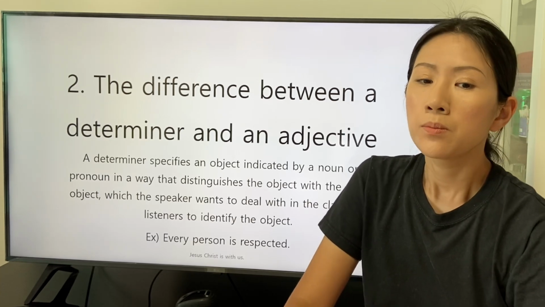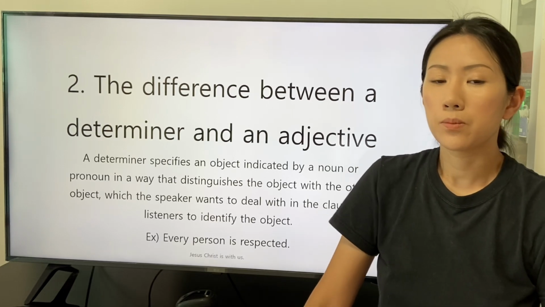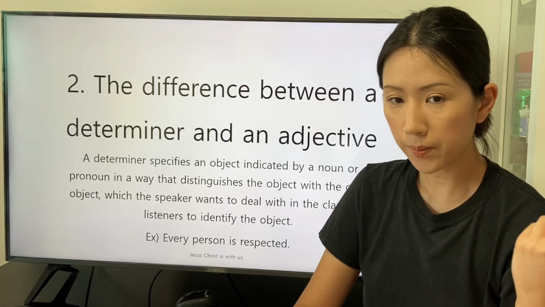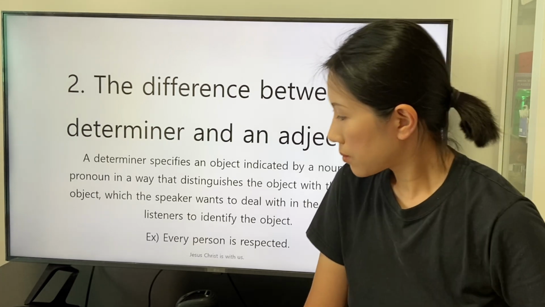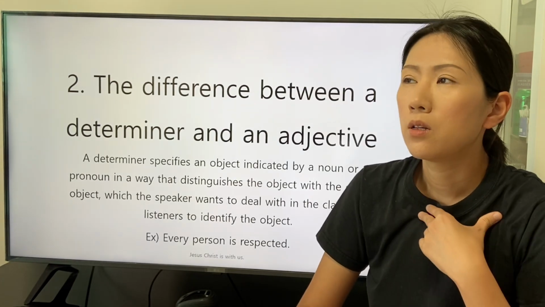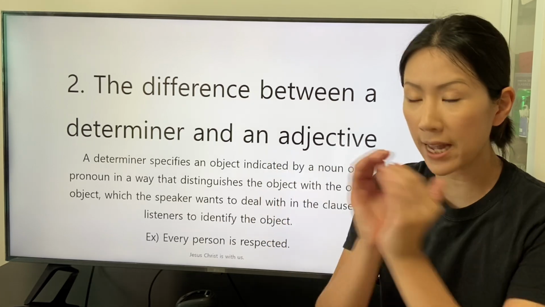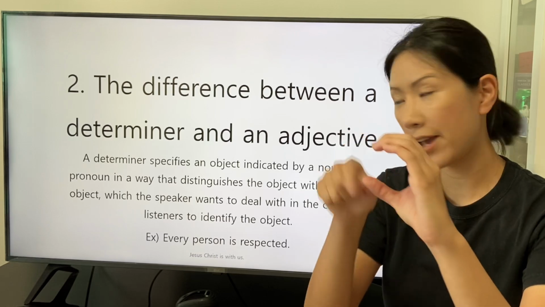We can think that the speaker sets a range of the indication that is dealt with in the clause. We can understand that the role of the determiner is to set the range of the indication.